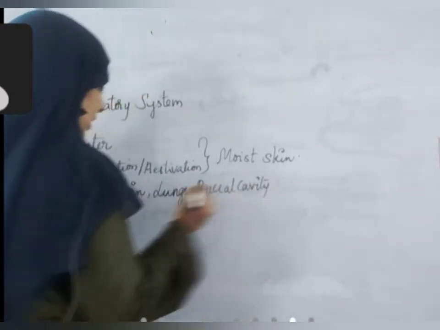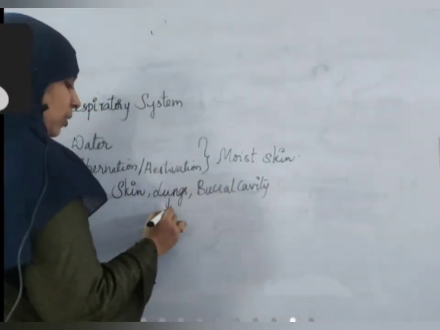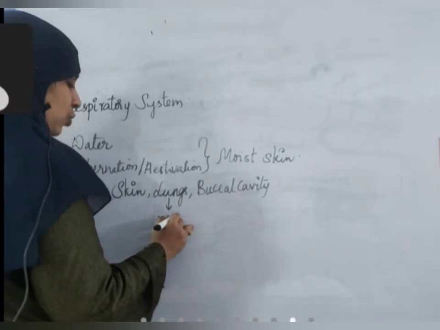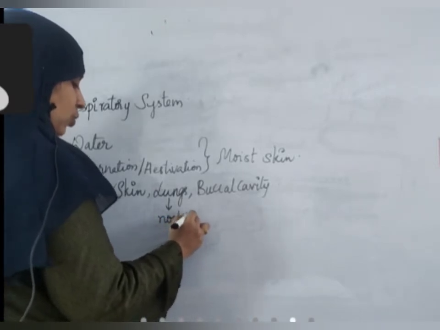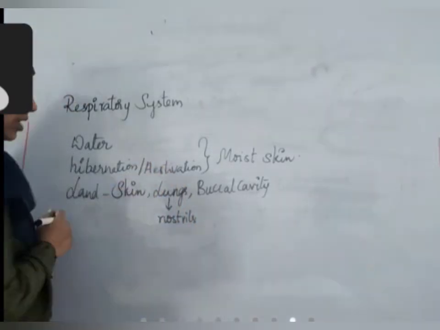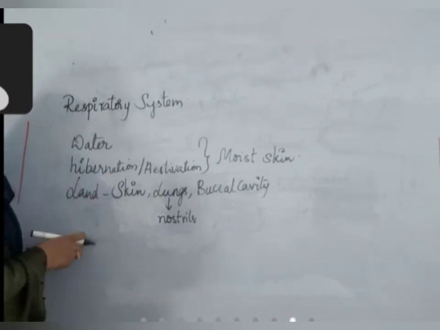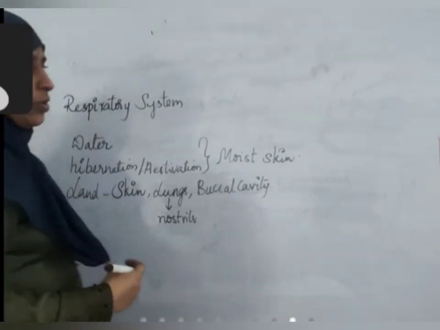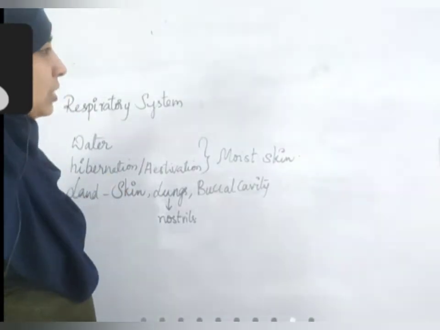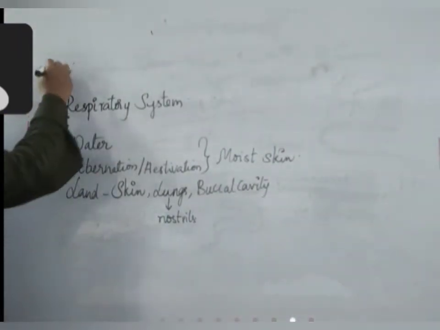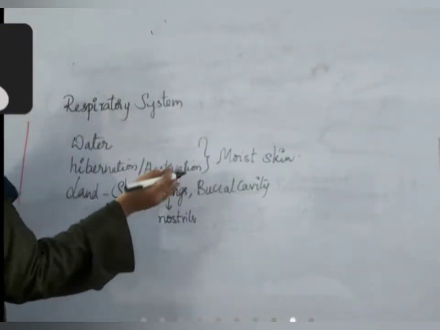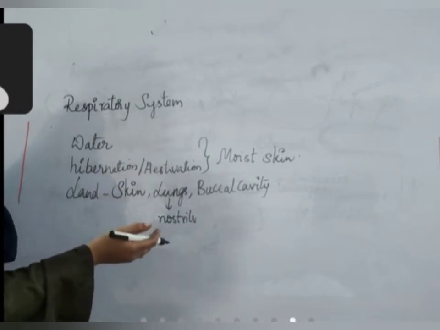We have learned that there are nostrils above the mouth, so it breathes in through nostrils, breathes out through nostrils, and exchange of gases occurs at lungs. In skin respiration, oxygen gets dissolved in the moisture above the skin. From there, it diffuses inside.